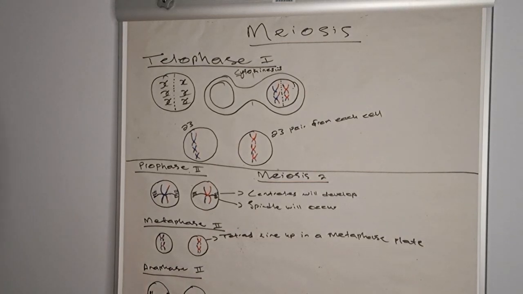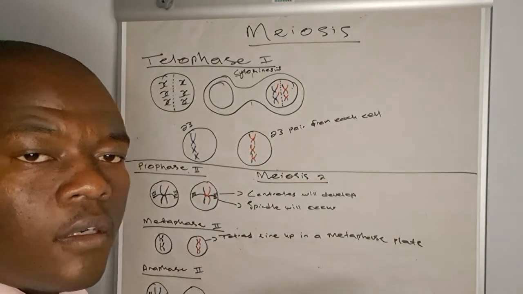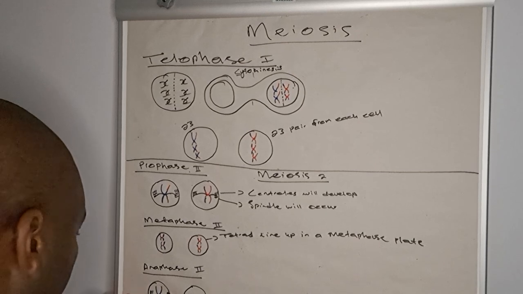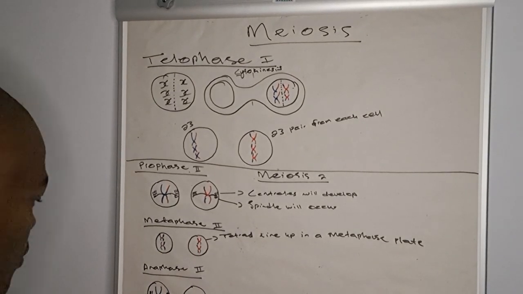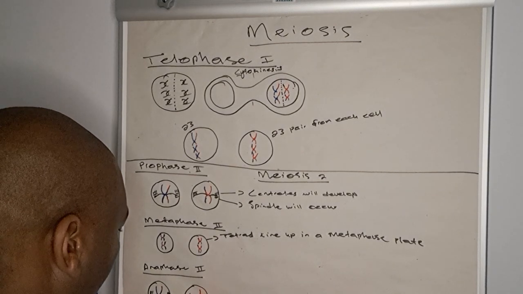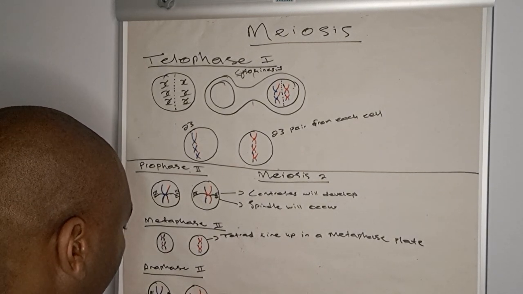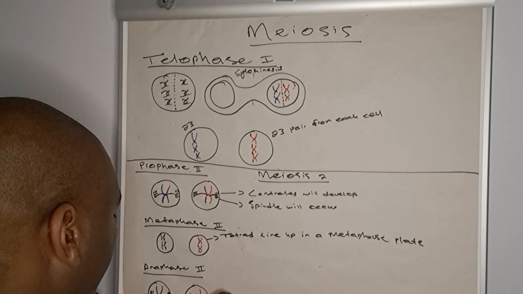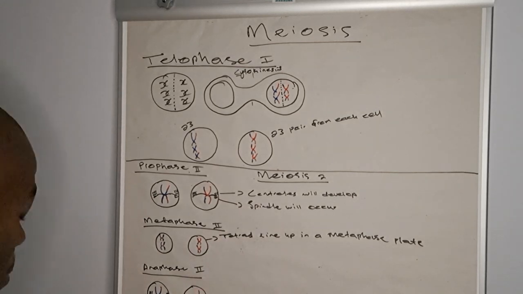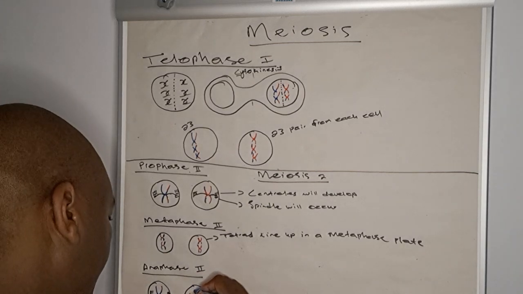Let me rather just pause a little bit. This is our tetrad, and then we're going to have one. I'm just going to put one here so that we can save time, but actually there are 23 pairs. This is now a haploid cell. It's no longer a diploid cell. This is a haploid cell.